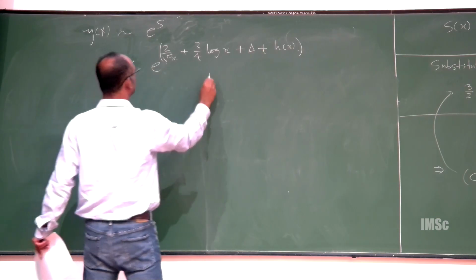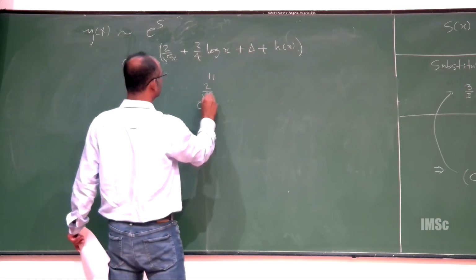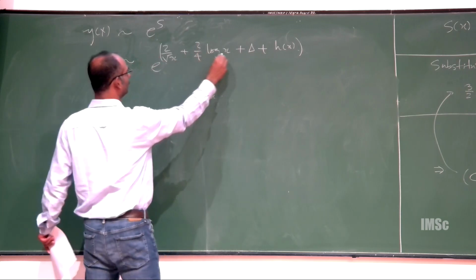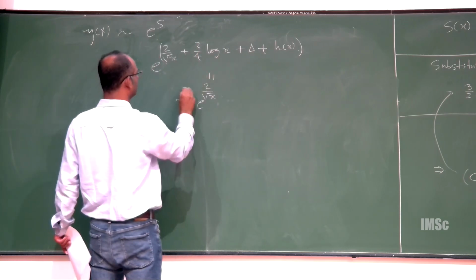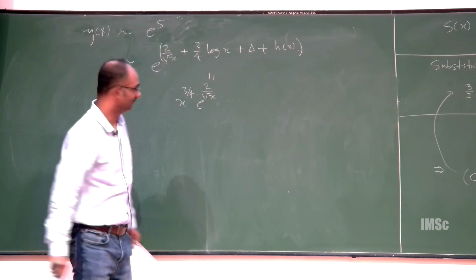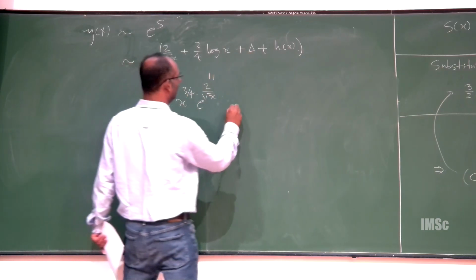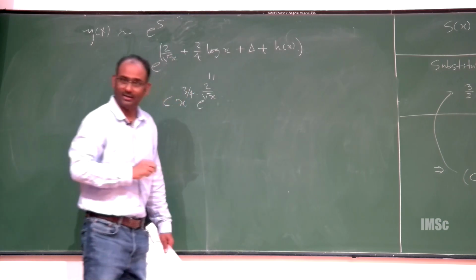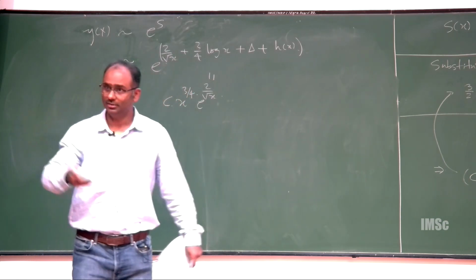So this is what? e to the 2 over root x. e to the 3 over 4 log x is x^(3/4). Then you have e to the delta, some constant. That's some constant. And e to the h of x. But h of x goes to 0.